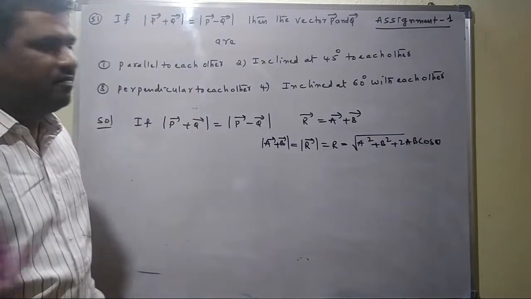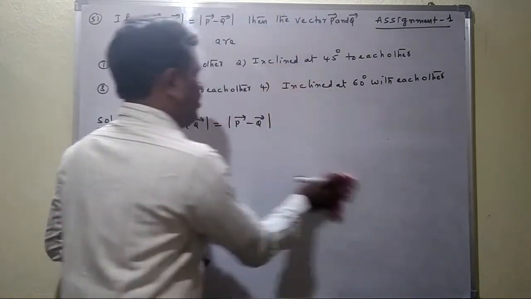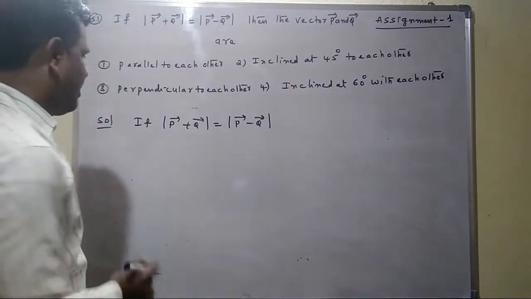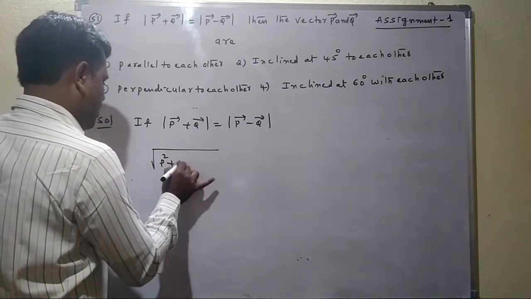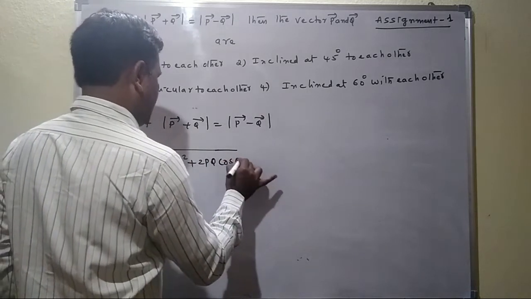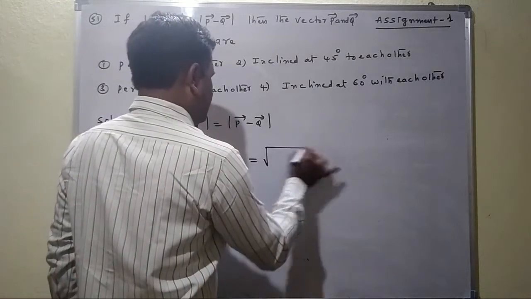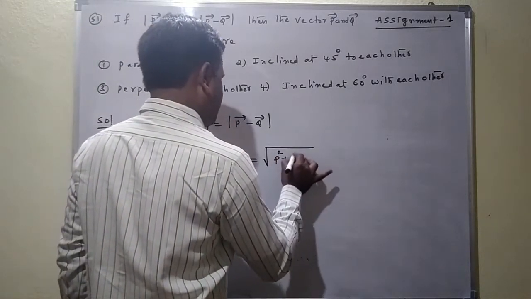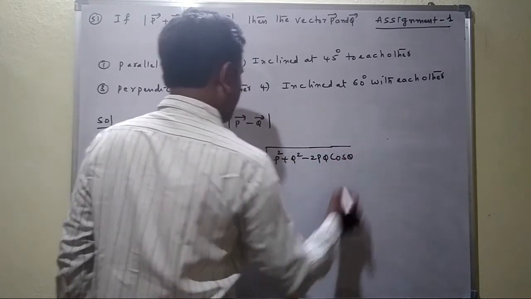Similarly, mod P bar plus Q bar can be written as under root of P square plus Q square plus 2PQ cos theta. And mod P bar minus Q bar, the subtraction, is P square plus Q square minus 2PQ cos theta.